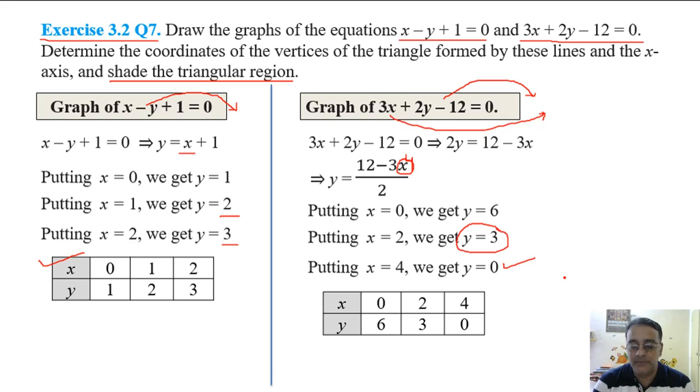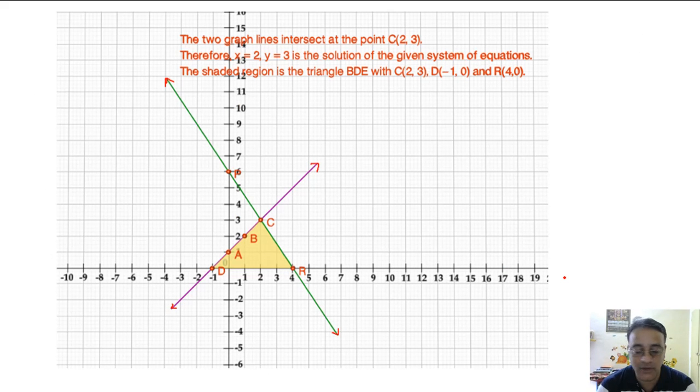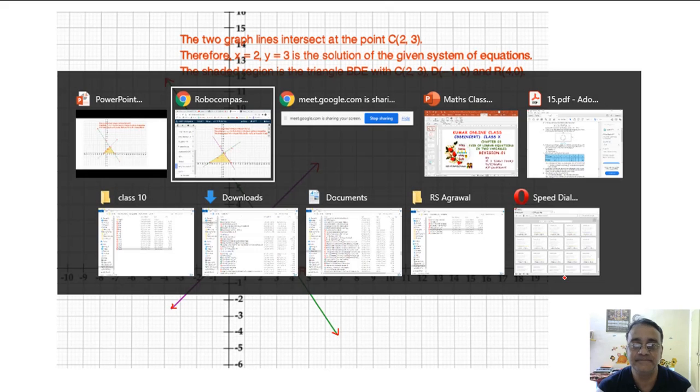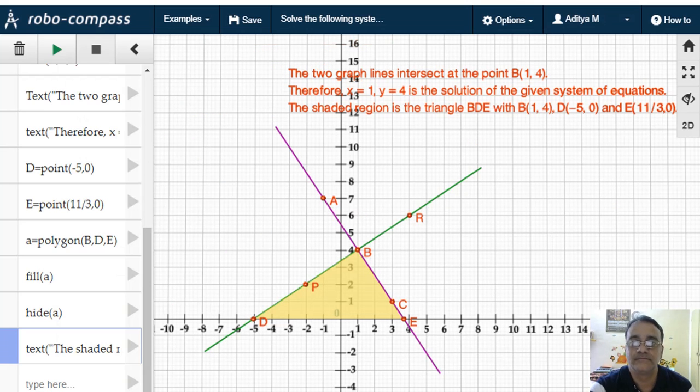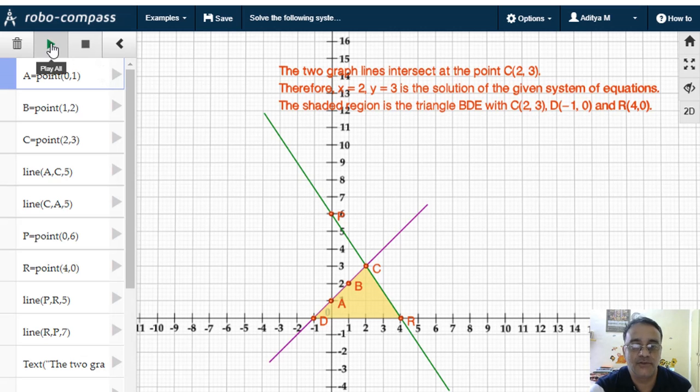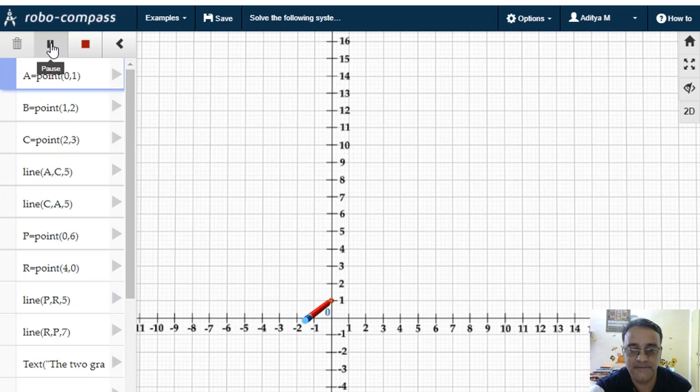Now I am going to plot this graph on, again Robo Compass मैं use कर रहा हूँ software. So first let us plot. एक minute.